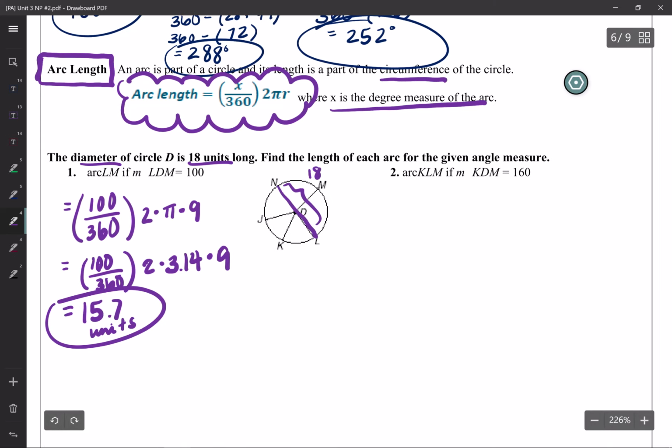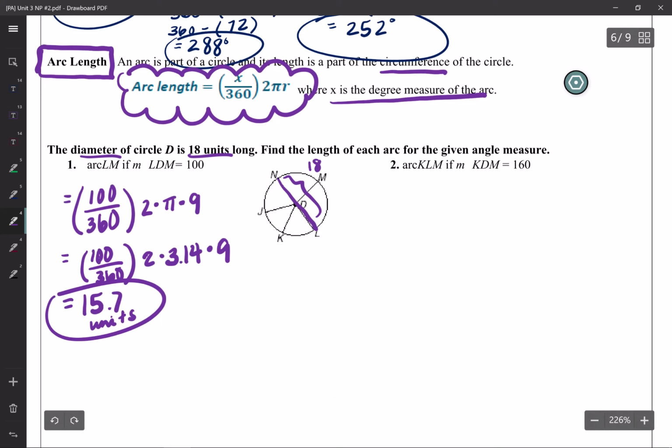And then for number 2, our KLM, if the measurement of KDM equals 160. So that would be 160 over 360 times 2 times pi times our radius was 9. Just plug all of that into the calculator.